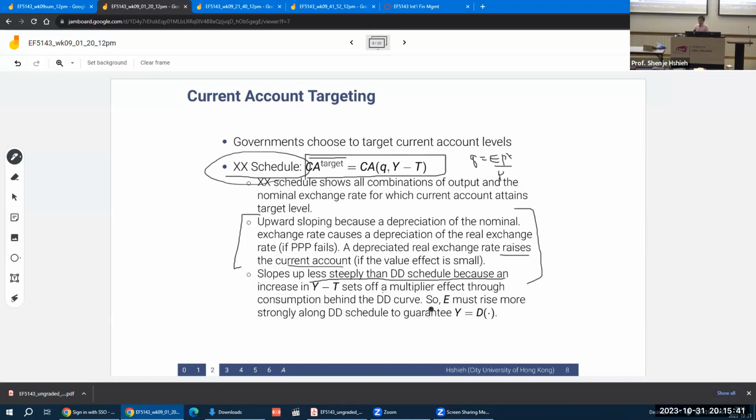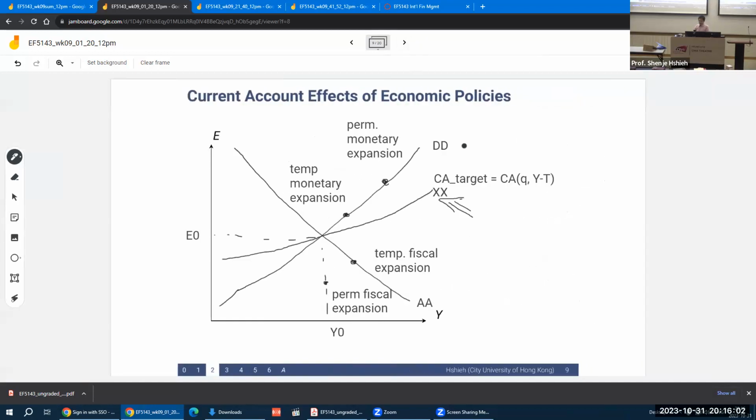But for the DD schedule, there is another term, right? It's the consumption term. So some of that consumption is not going to go towards exports. It's going to have to go towards domestic consumption. And that's why relative to the DD schedule, it's less steep. So maybe I'll show you what that means with this picture here, okay?